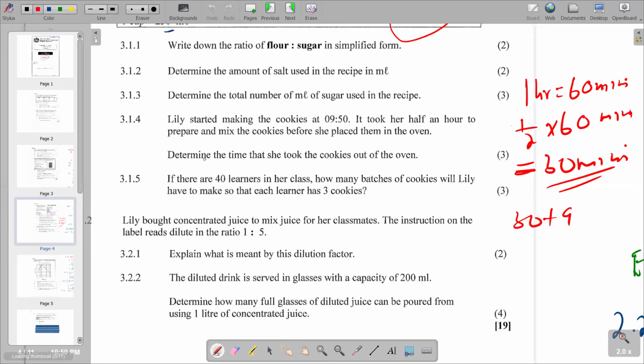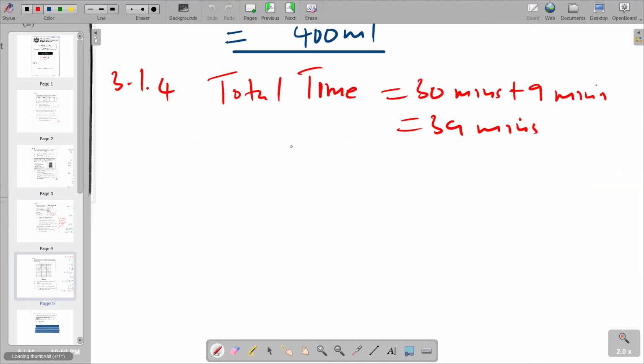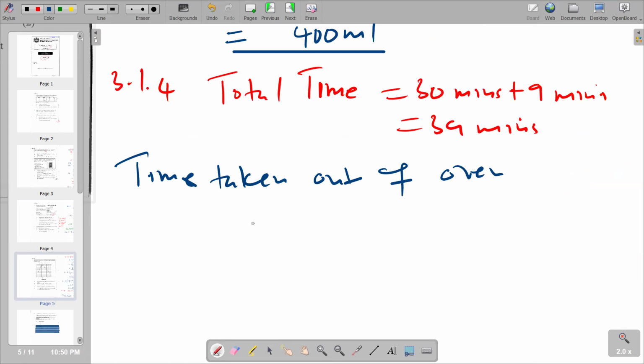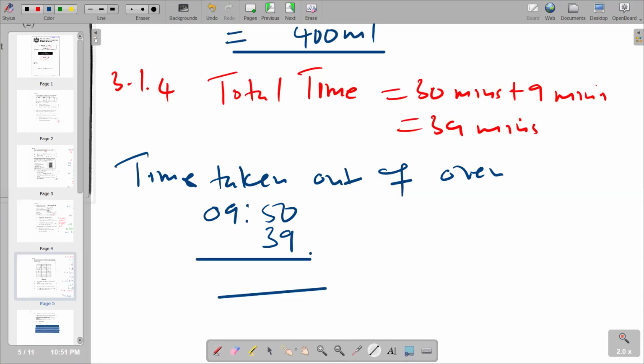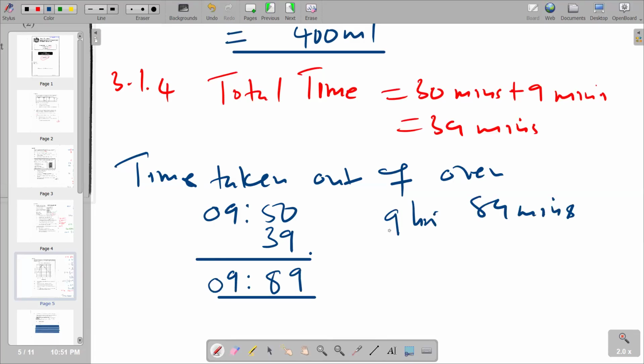So we add it to the starting time that we are given. Time taken out of the oven is what we want to calculate. We are starting at 09:50. Then we add 39 minutes. If we add the minutes, that is 89 minutes.